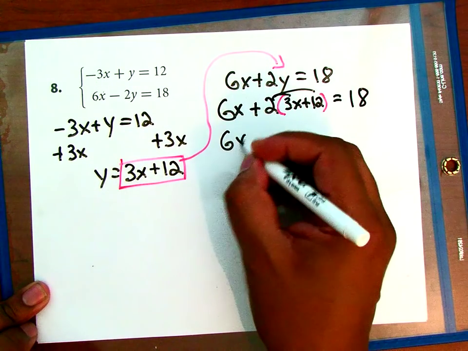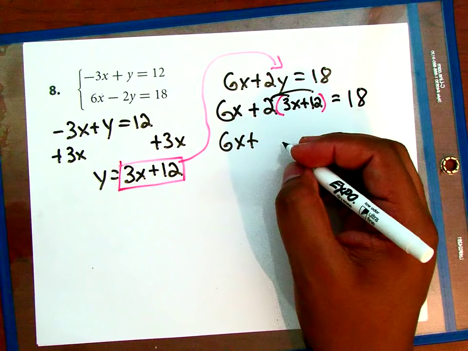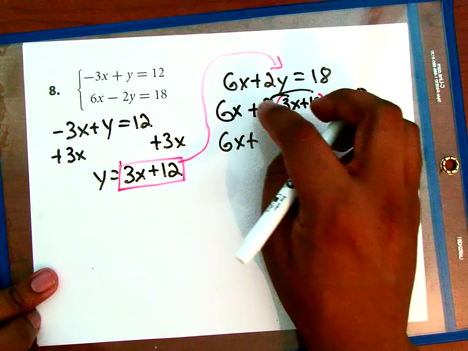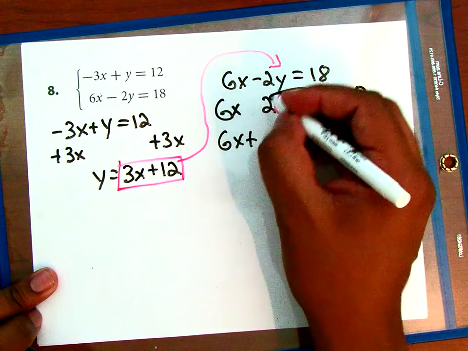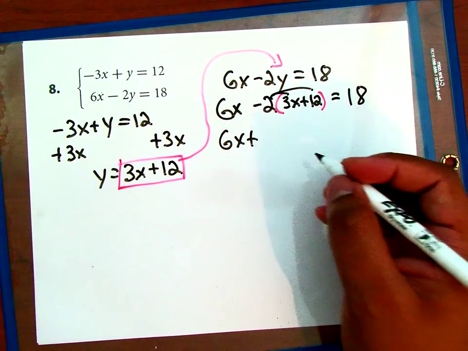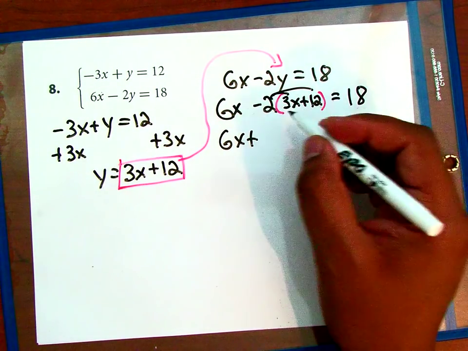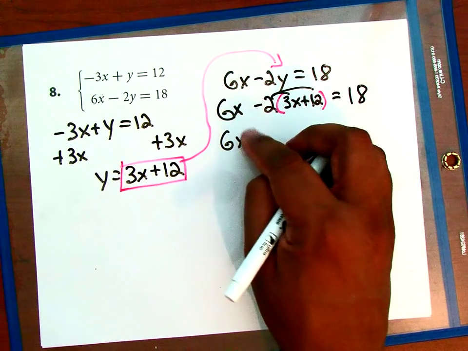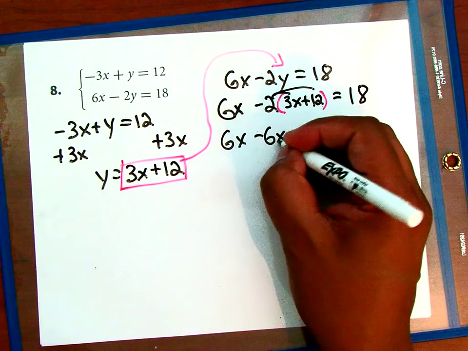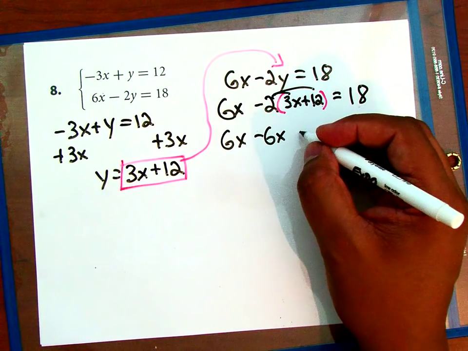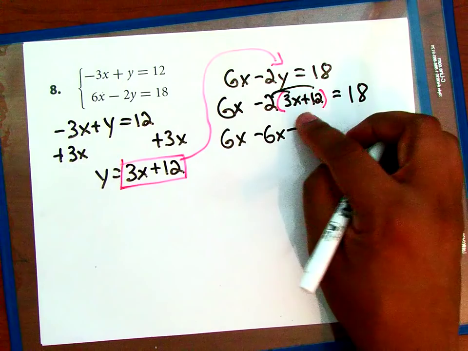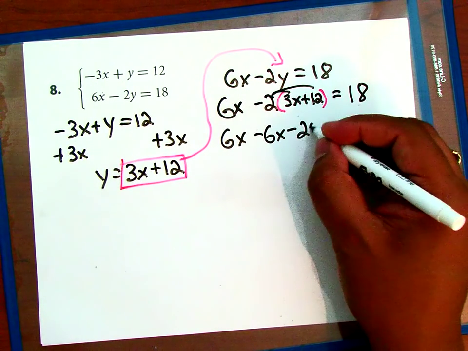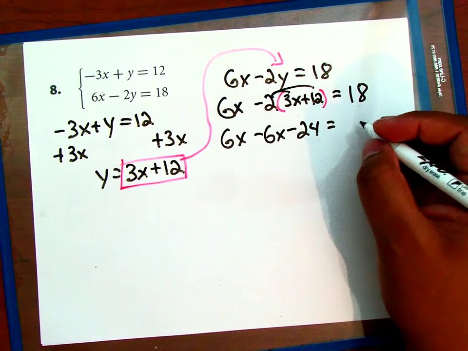That's going to give me 6x plus, oh, this should be a negative. It's important to write the problem down correctly. So this is negative 2x. That's going to make this a negative 6x. Negative 12. I'm sorry, negative 24 is equal to 18.